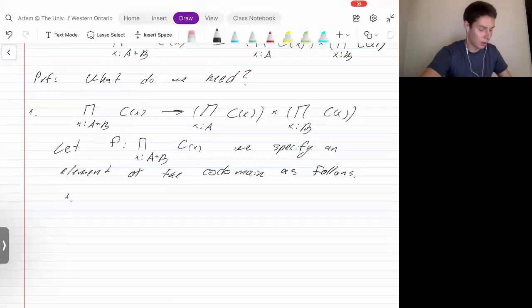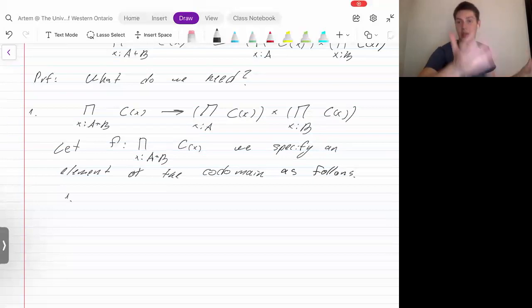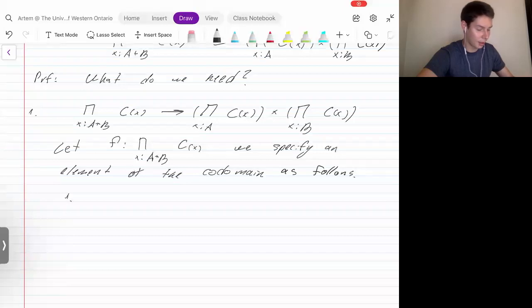First things first, we specify component-wise and then apply the pair constructor to get an element of the product. So first we define, so let's say that this function is going to be termed f. So first we define a function f1.